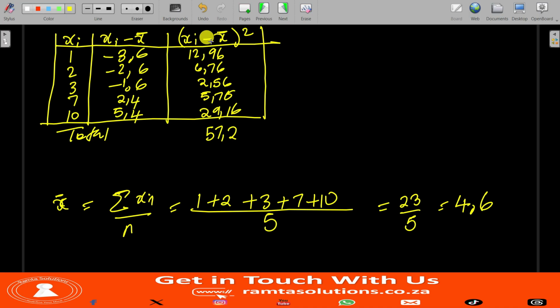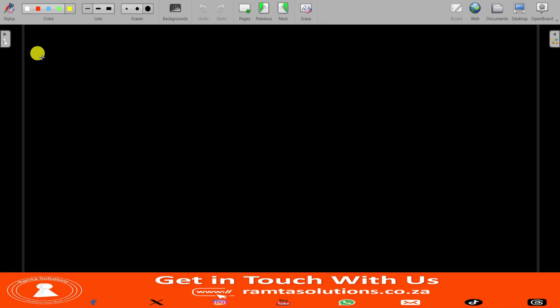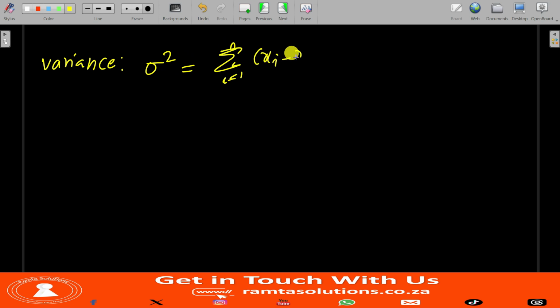and the mean. Now, what did we say about our variance? For variance, we said it is sigma from i equals 1 to n of (xi minus x bar) squared, all over n. What was this part here?